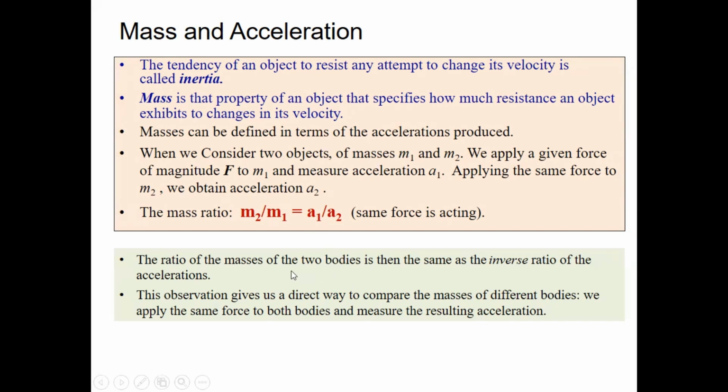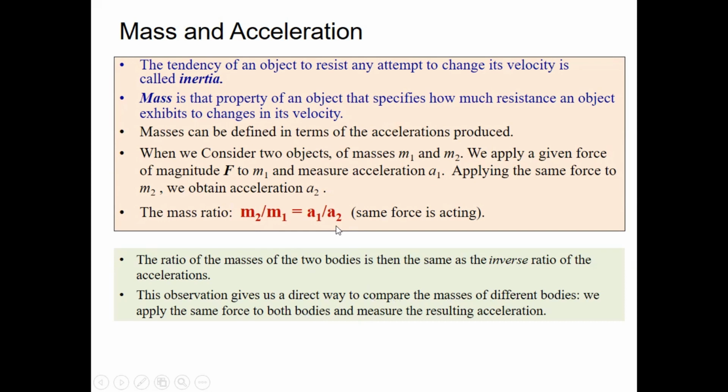We can also use the ratio of masses of the two bodies to find out the possible resultant acceleration, and we can compare the masses. We can always use this kind of ratio.